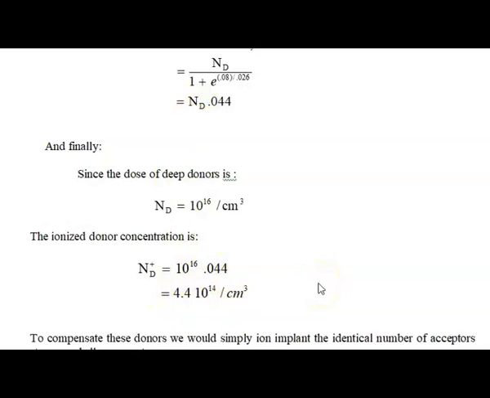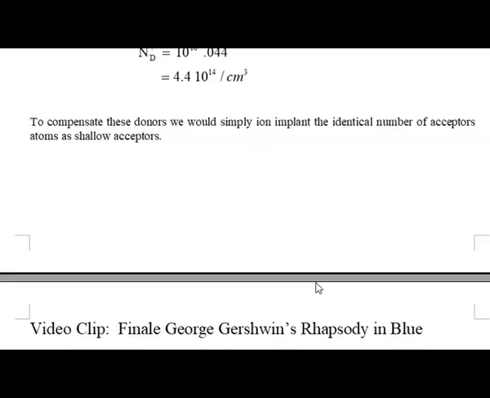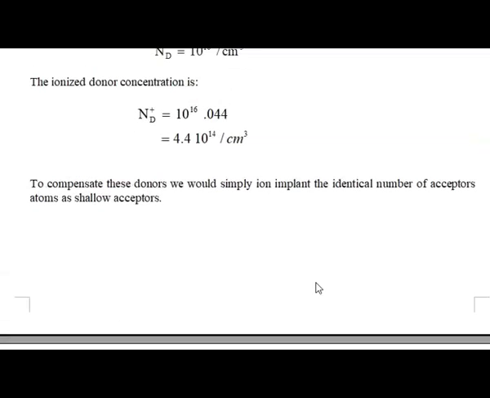To compensate for that, we just use the exact number. It's got to be exact. It can't be 4.2, 4.3 even times 10 to the 14th. It has to be 4.4 times 10 to the 14th of shallow acceptors, presuming that the shallow acceptors would all be ionized, and they would exactly compensate for the ionized donors.